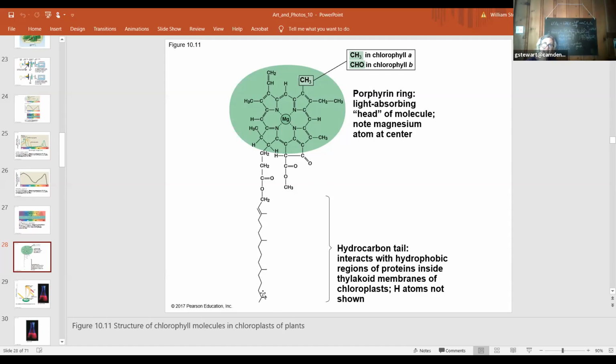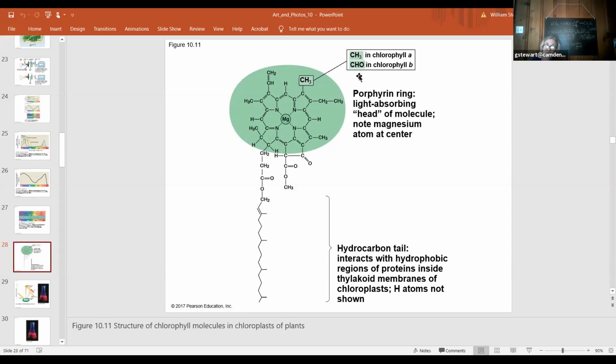And this tail is going to allow the chlorophyll molecule literally to sit in the phospholipid bilayer, and the head portion that's highlighted in green here, it's also known as the porphyrin ring. This can rotate and sort of move around a little bit as well so that it can capture the maximum amount of light that comes in from the sun, the maximum amount of photons coming in from the sun.